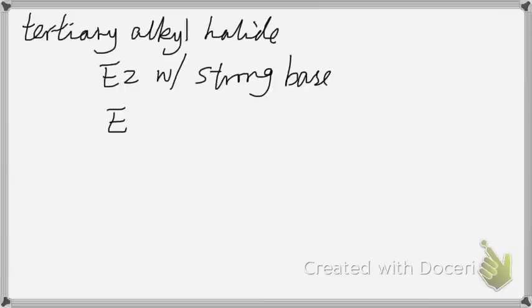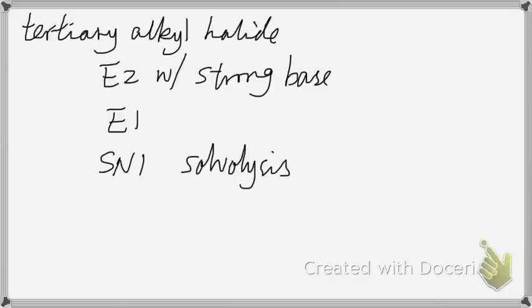Next, we will look at tertiary alkyl halides. Tertiary alkyl halides will have unimolecular reaction, E1 or SN1. But one thing I do want to mention here is if you have strong bases, the reaction will still undergo E2. Okay? So strong bases, E2. And SN1, the solvolysis reaction, will take place when the solvent serves as a nucleophile.